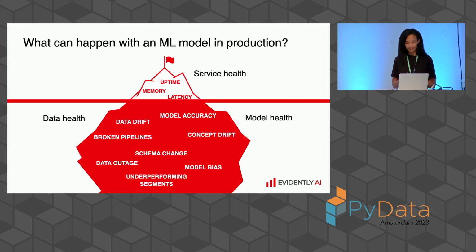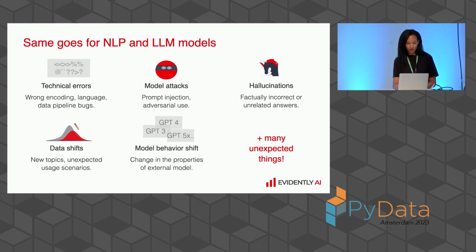But here we have an extra layer of complexity, because we also need to monitor for data health, monitor for model quality, and look for metrics like data drift and model quality, depending on the problem statement. Well, it's quite a lot. And when it comes to LLMs, there are also quite a lot of things that we need to look for.